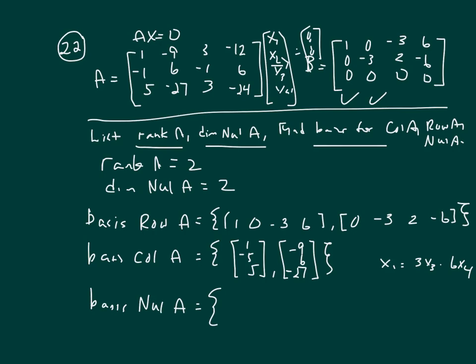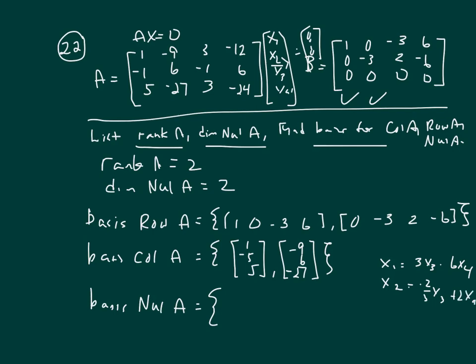So x3 and x4 are our free variables. And then we could say x2 is equal to negative 2/3 x3 plus 2x4.